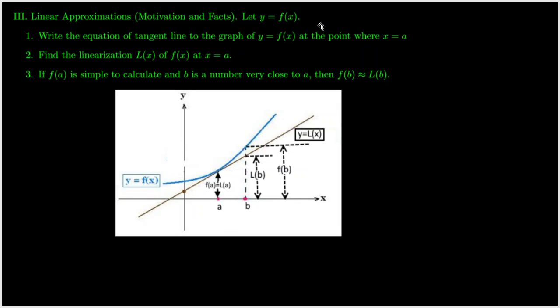I did not mention that, but when talking about tangent line, we mean the function is differentiable. We're trying to get the equation of the tangent line to the graph of the function at this point.